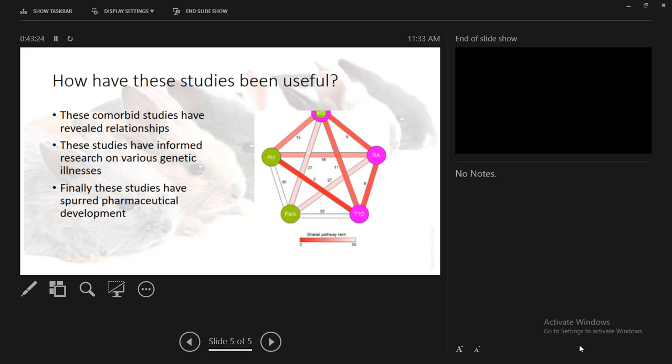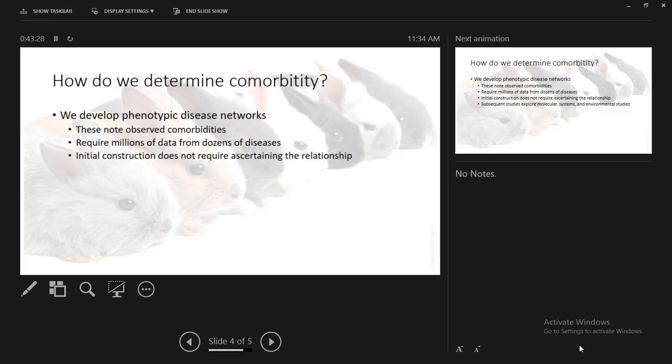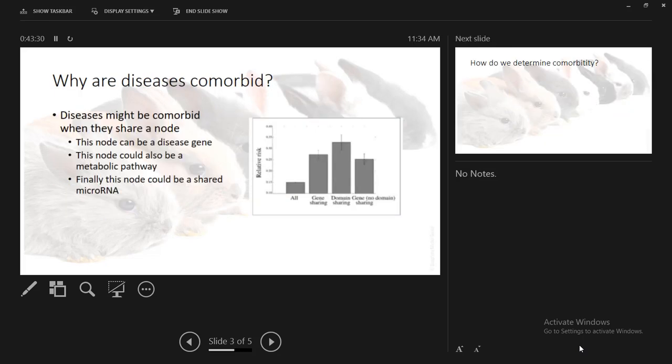Yeah, Rachel. Back to the slide that had the different percentages of the likeliness to develop the second disease. I didn't catch how you explained the last. Oh, this one? Yeah. So the gene with no domain, these two combine to get the total gene sharing. So if you ignore these two columns, this is all diseases versus diseases that share a gene.